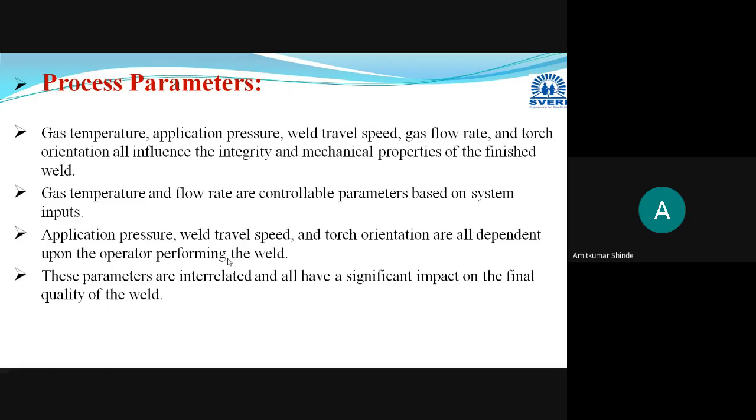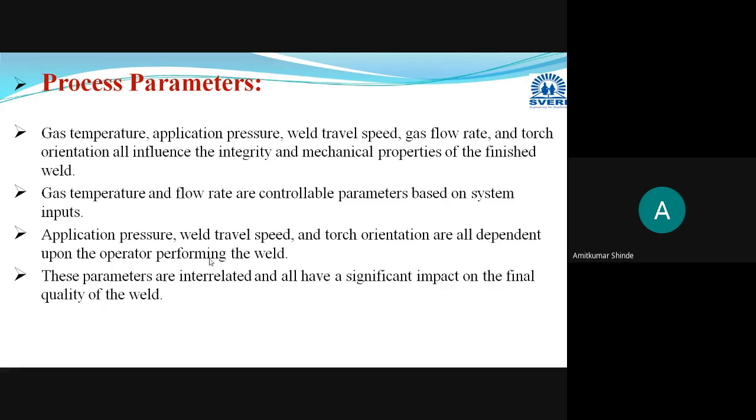In short, if weld speed is too slow, the workpiece will get damaged due to more exposure to heat. And if weld speed is too fast, the welding rod or filler material will get damaged.